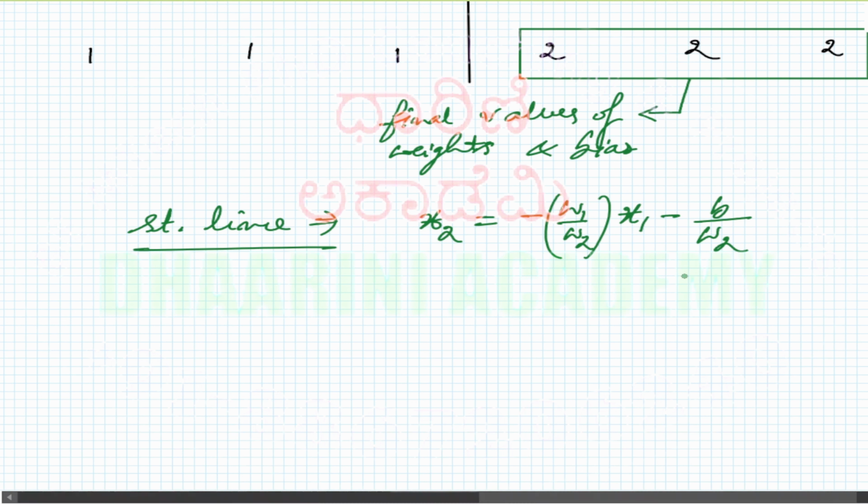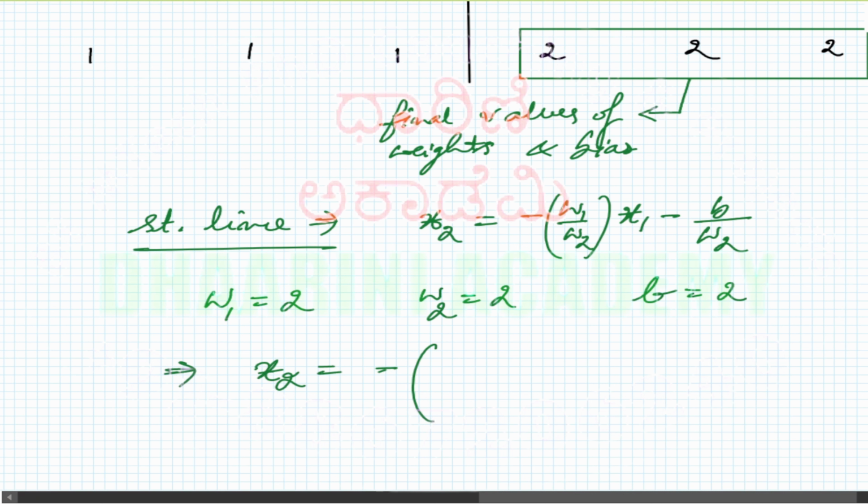Right, okay, so now let us substitute. We already have the values, right? From the above final values, w1 is 2, w2 is 2, and the bias b value is also 2, correct? Simply substitute. This implies x2 is equal to minus of 2 by 2 times x1 minus 2 by 2, correct?